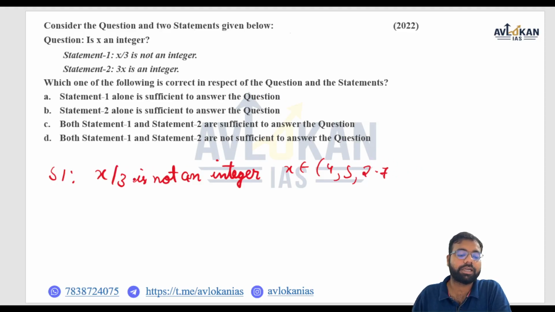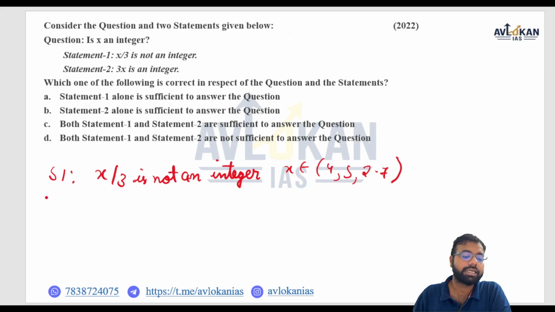So 2.7 upon 3 is 0.9 and it is also not an integer. So from statement 1, x by 3 is not an integer, can we say that x is going to be an integer? We cannot say whether it's going to be an integer or not.